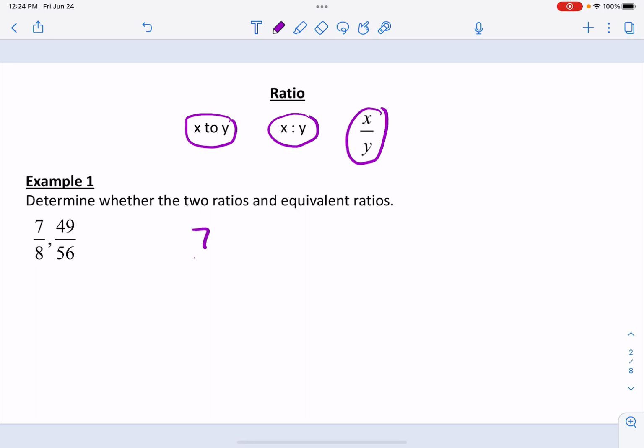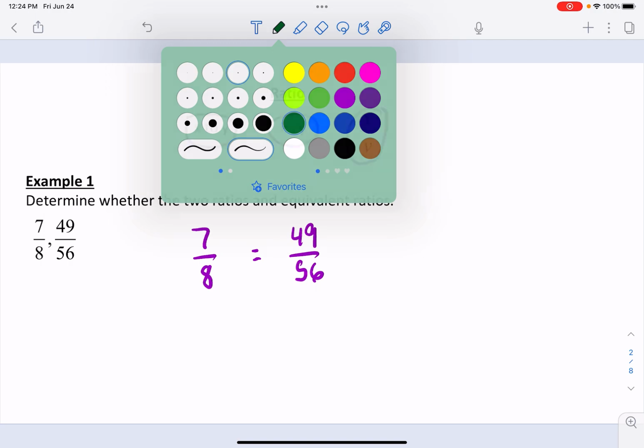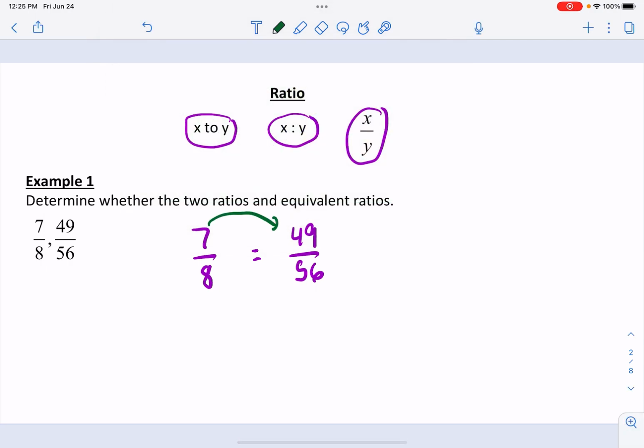To determine whether two ratios are equivalent, I'm looking to see: is 7/8 equal to 49 over 56? That's a fancy way of saying, if I multiply 7 to get to 49, do I multiply 8 by the same thing to get to 56?